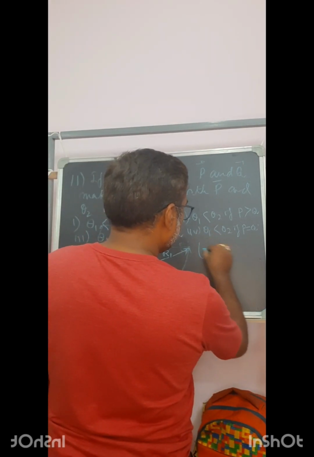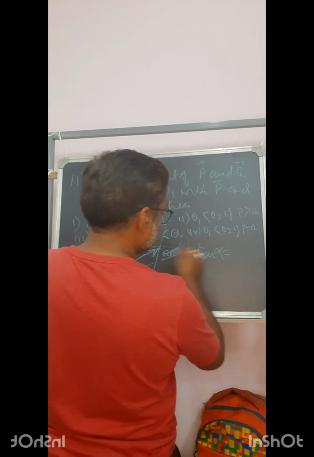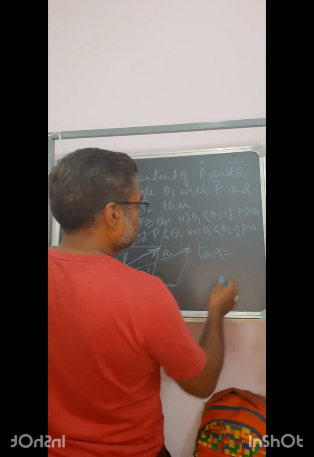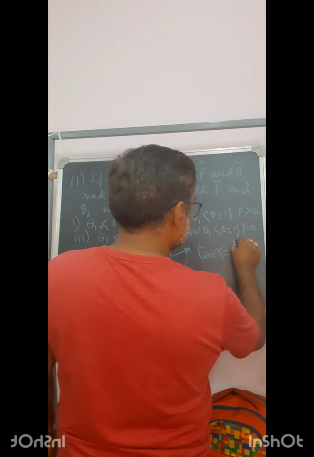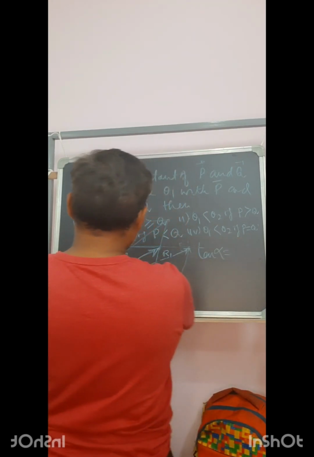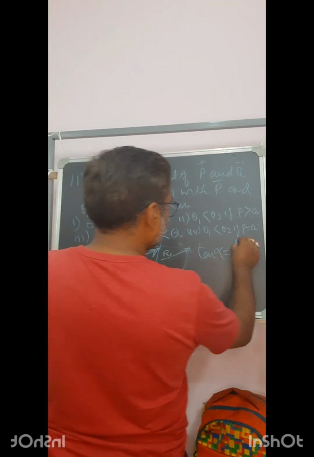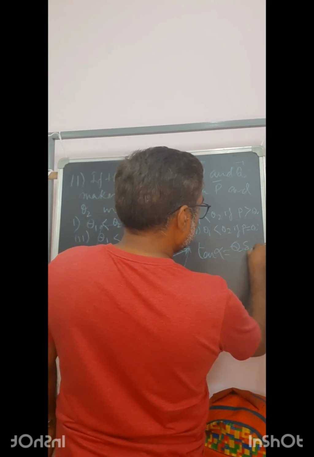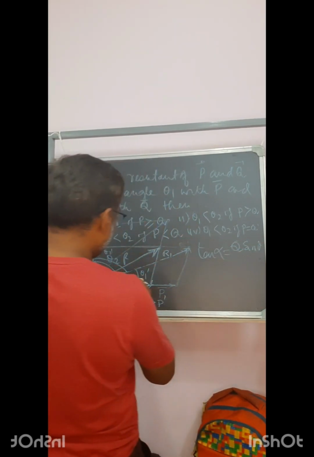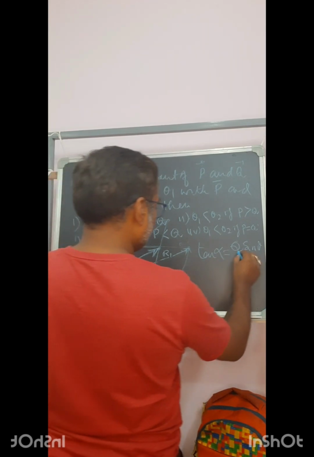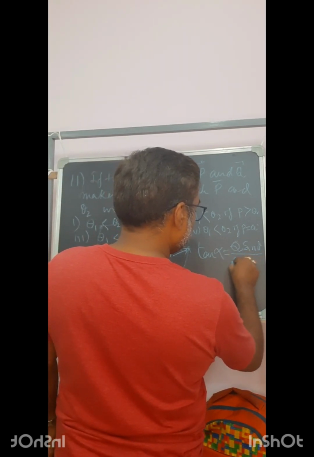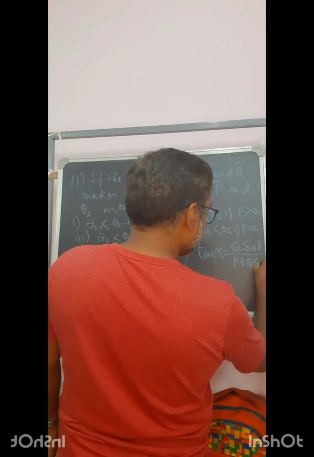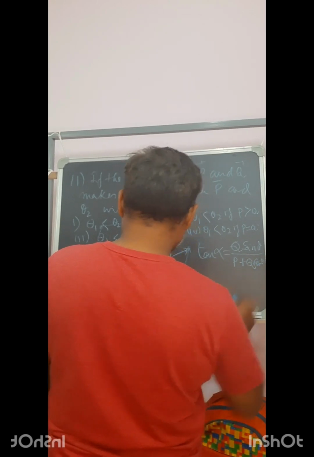Now tan alpha, the angle formed by the resultant with this horizontal vector, is given by, if this is P and this is Q, Q sin theta upon P plus Q cos theta, where theta is the angle between the vectors.